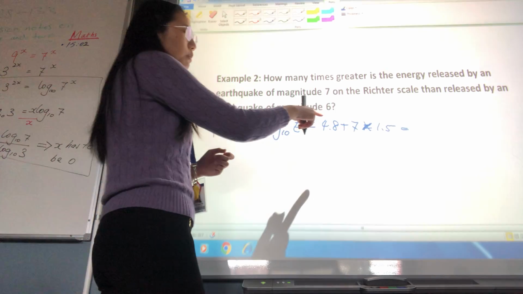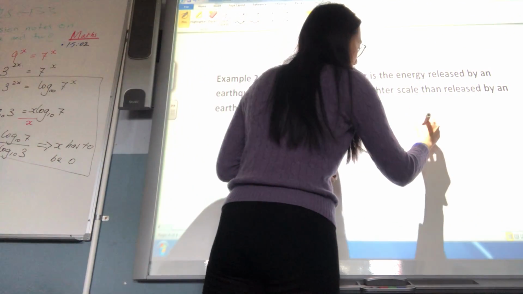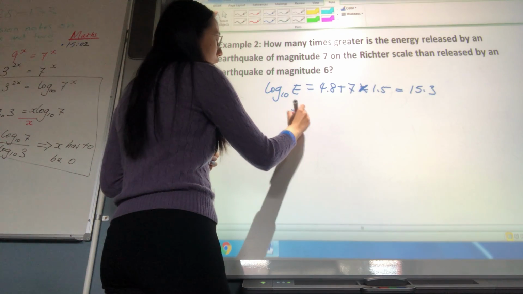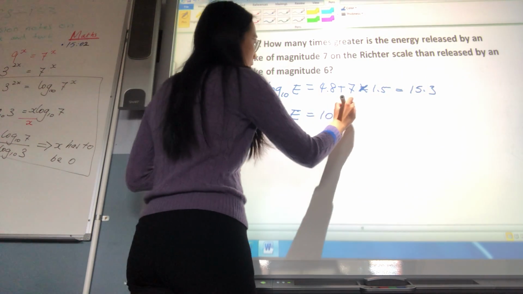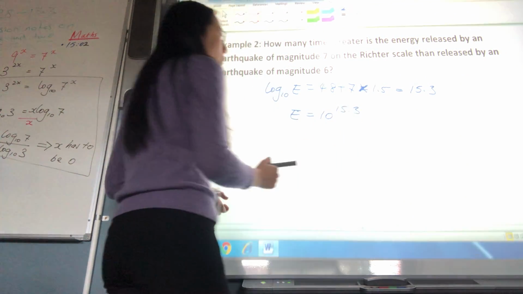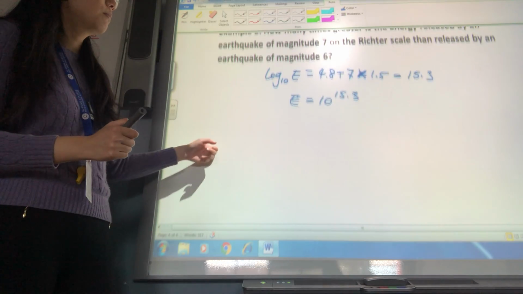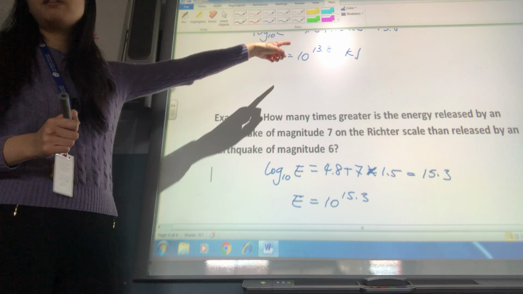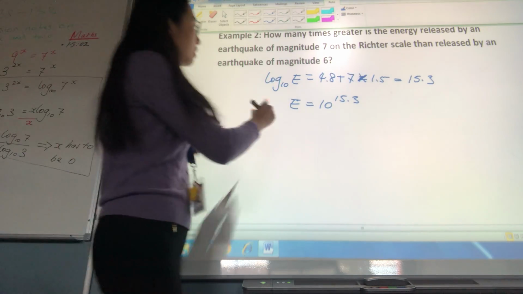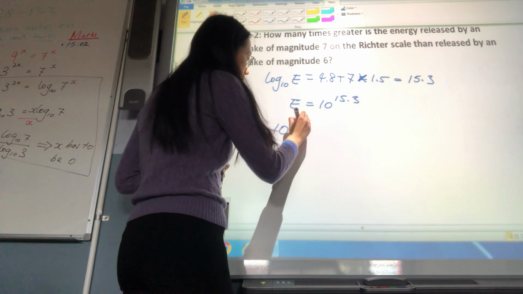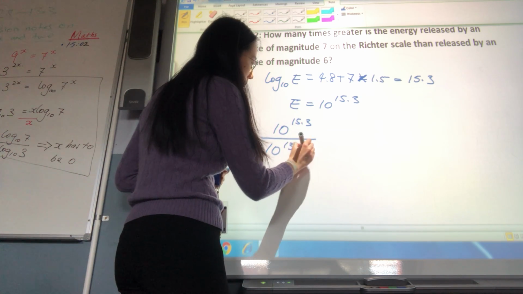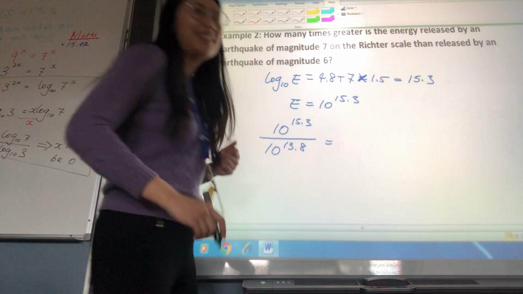So that's 10.5, 15.3. So E is equal to 10 to the power 15.3. That's for a magnitude 7. And for magnitude 6, we already found it's 10 to the power 13.8. So you just have to do big over small. So 10 to the power 15.3 over 10 to the power 13.8. Whatever this is, that's your answer.